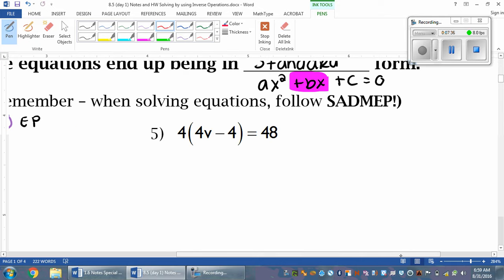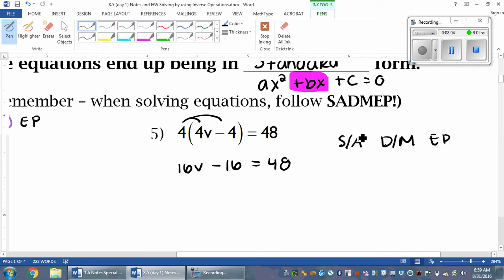All right, let's move on to number 5. Again, you should always ask yourself, can you simplify? That means can I combine any like terms, or can I distribute? And I can distribute here. I'm left with 16b minus 16 equals 48. Now let's cancel everything that's being added or subtracted.